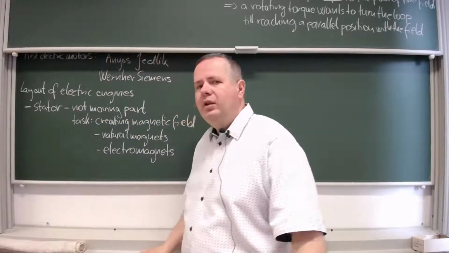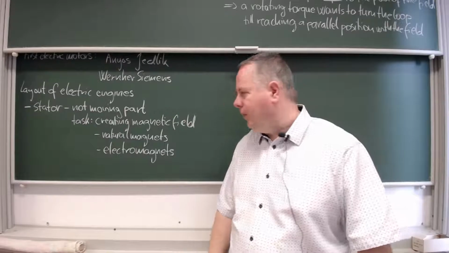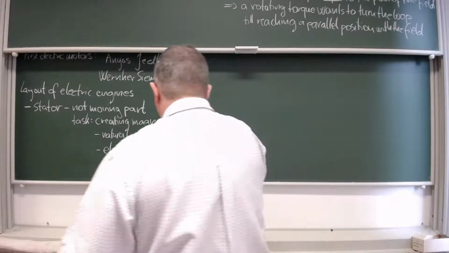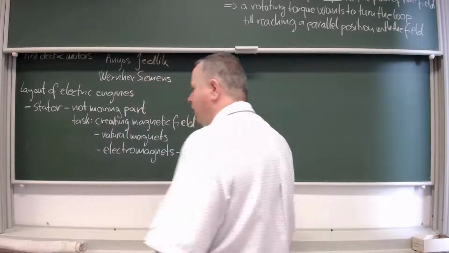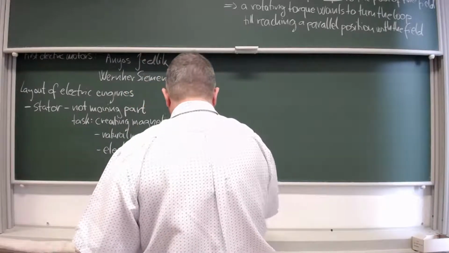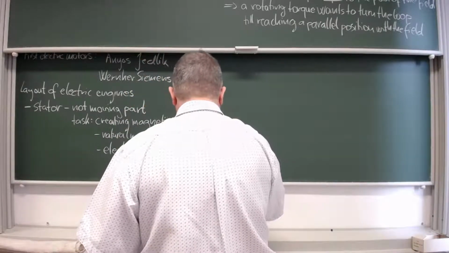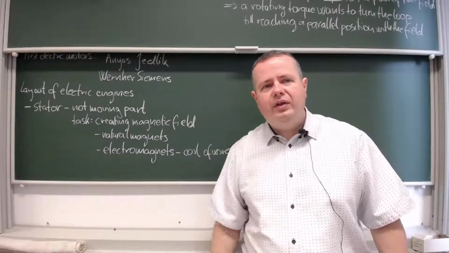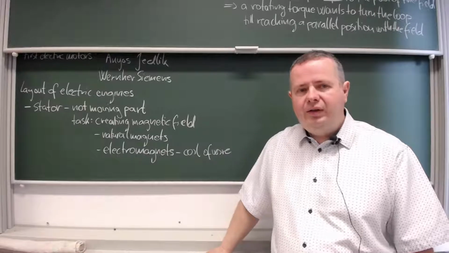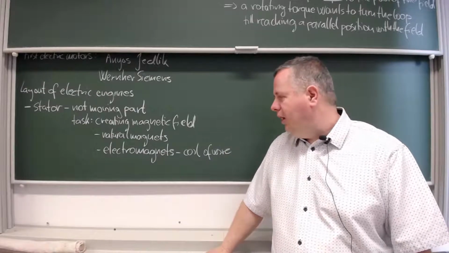How does an electromagnet look? An electromagnet has a coil, a wire coil that creates a magnetic field when a current is applied to the coil.